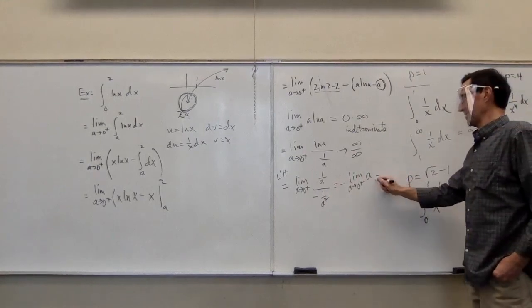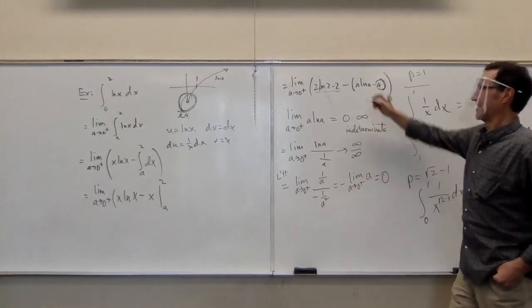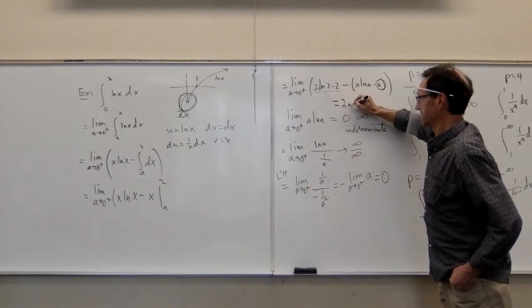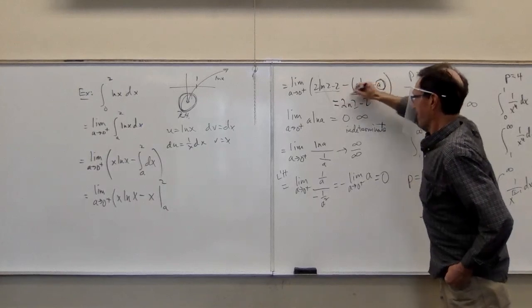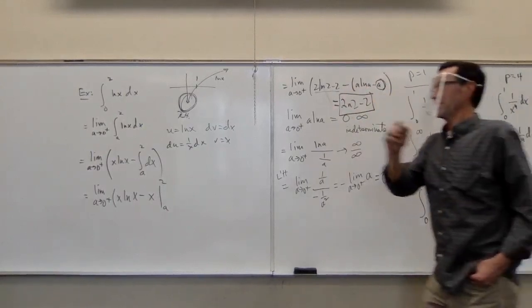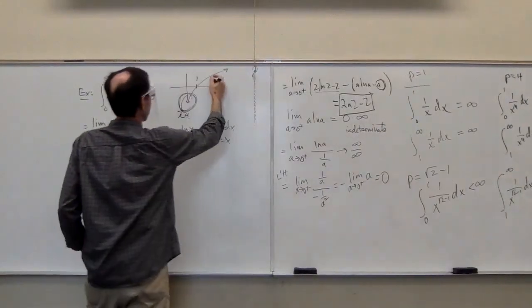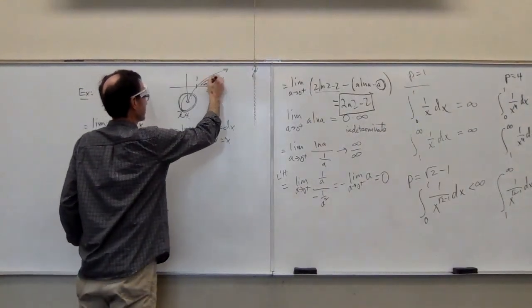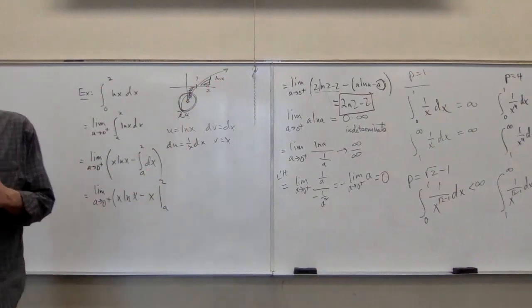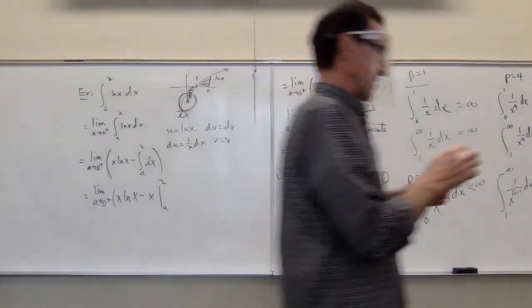And the limit is 0, amazingly enough. So our answer is 2 log 2 minus 2. It converges. So how much area trapped? Actually, we went clear over here to 2. So when we add this piece to that piece, it converges, and we actually have 2 log 2 minus 2.